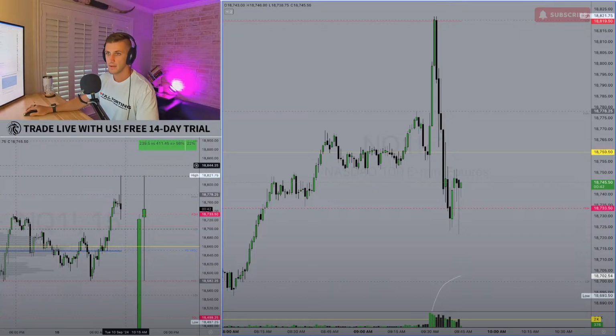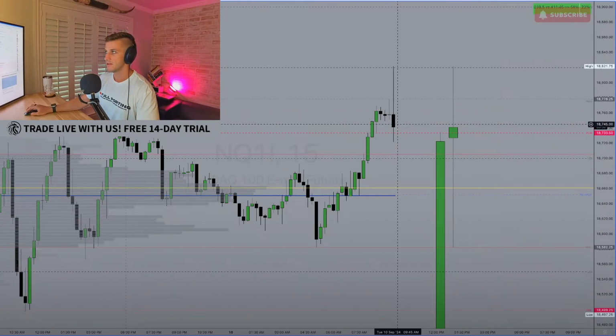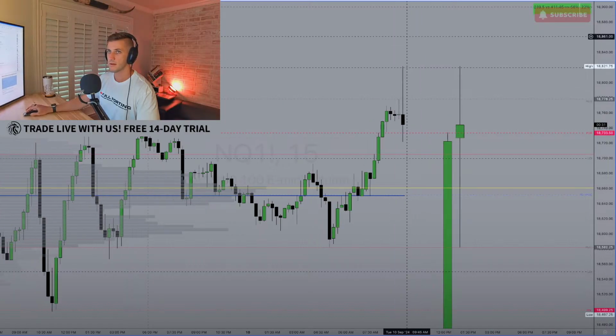Currently red with a big wick on top of it. There's a bigger view. So let's see this next 30 seconds, how it looks for that 15-minute bar. No data at 10 a.m. as a reminder.